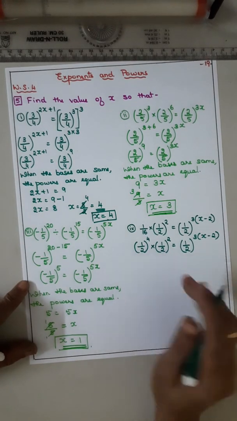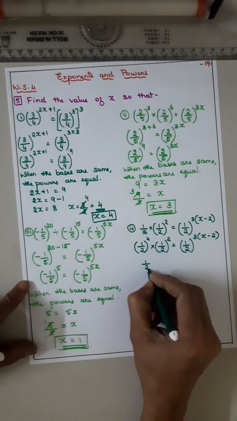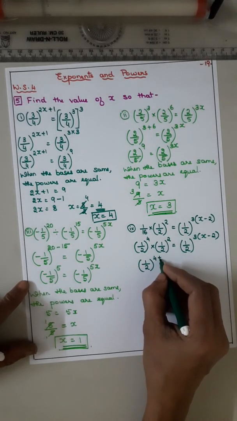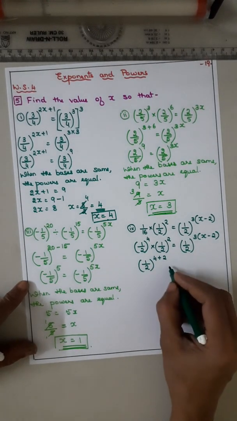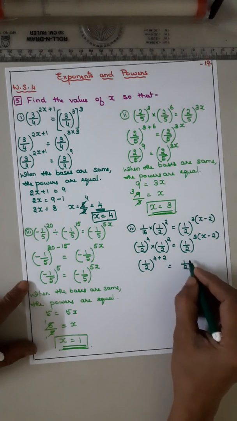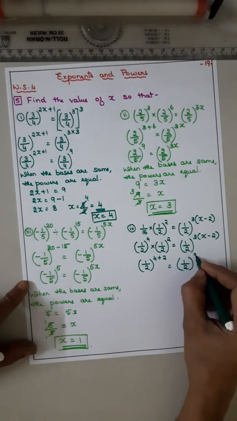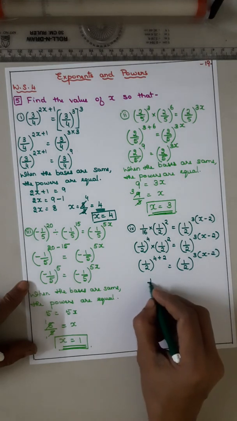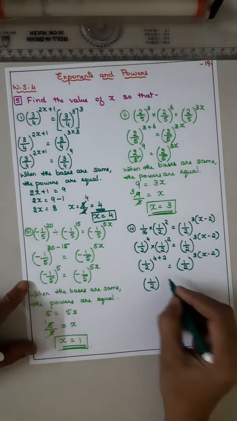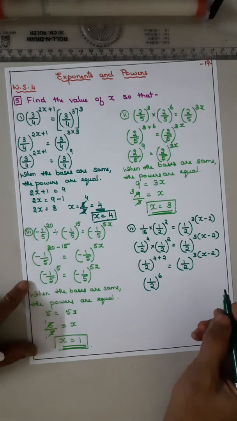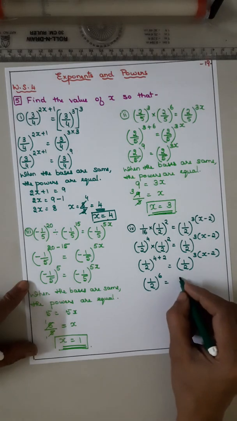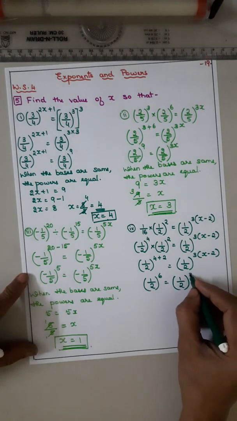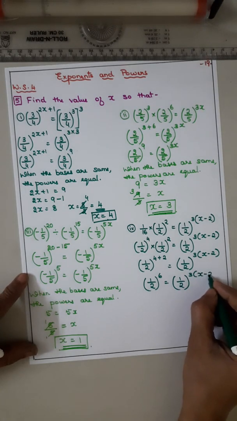Now the bases are same and in between it is multiplication sign. So what we will do? Add the powers. So (1/2) raised to 4 plus 2 is 6 is equal to (1/2) raised to 3 bracket x minus 2.